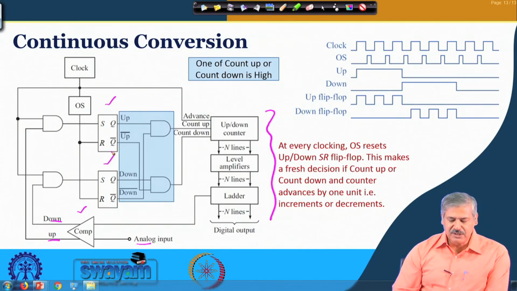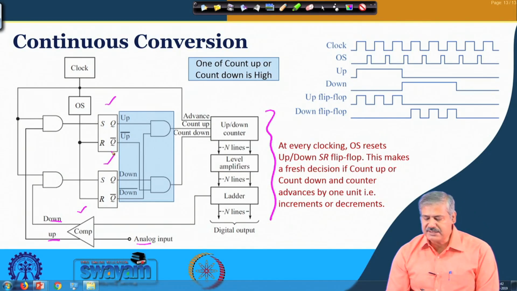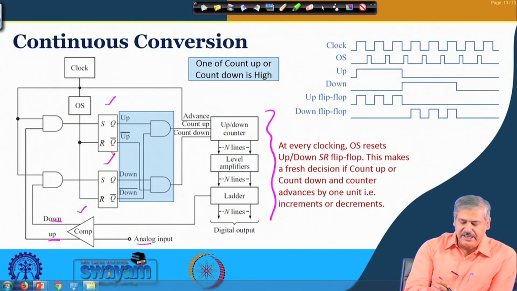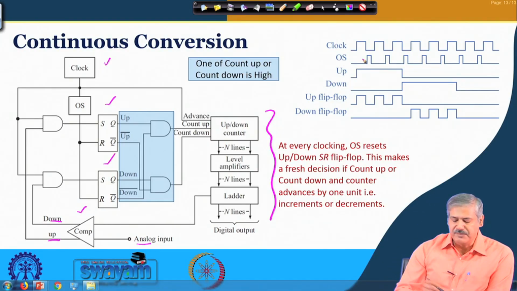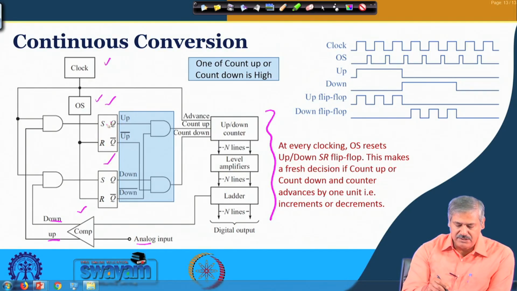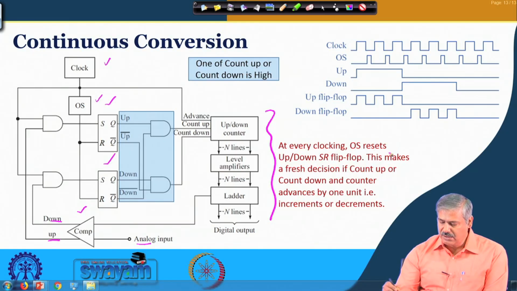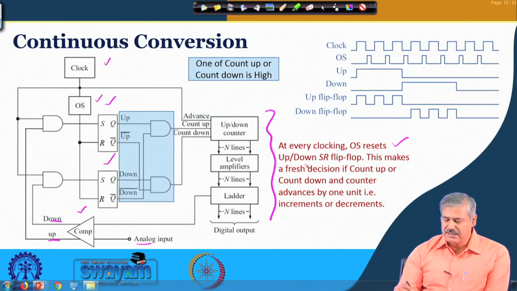Okay. These control flip flops work in this manner. So, every time the clock comes, this one shot, this mono shot that you had seen before, is resetting this particular flip flop. So, at every clock, this one shot resets the up down SR flip flop.